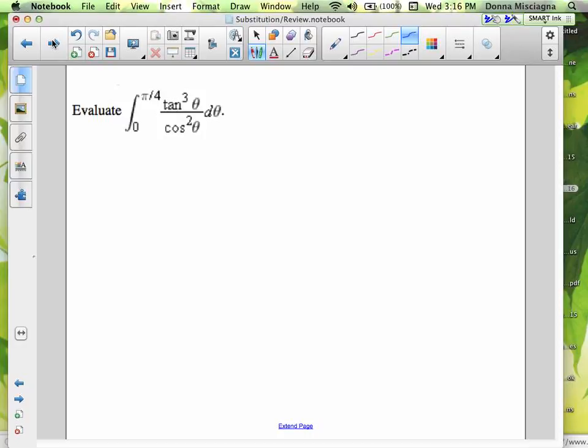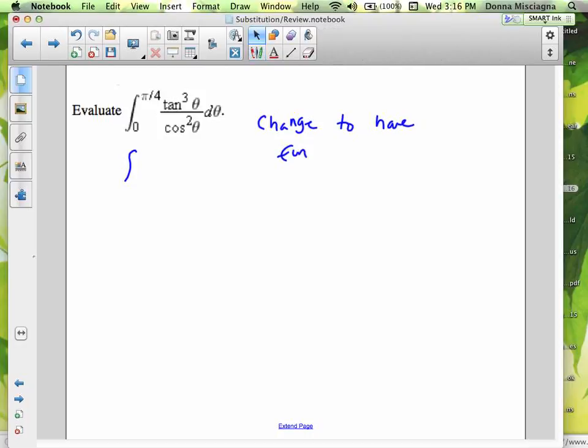All right, so let's change the format first, to have a function and its derivative. A good change is changing to sines and cosines. Sometimes that makes things better.